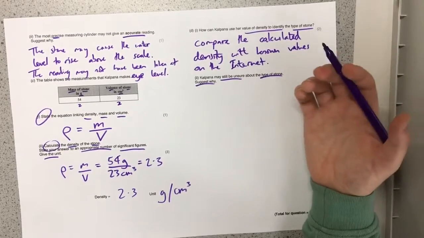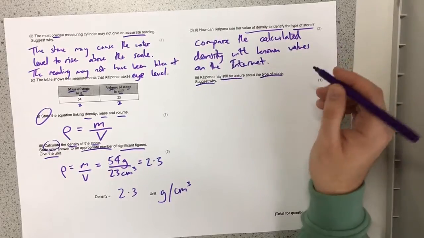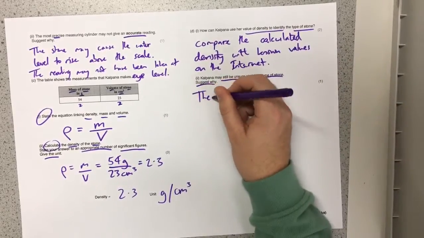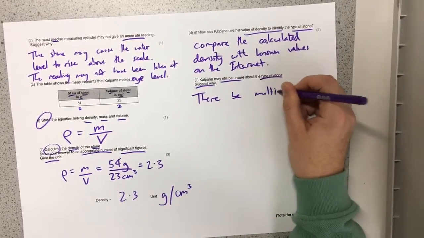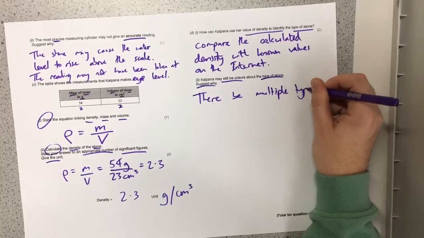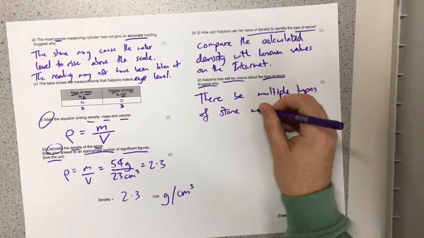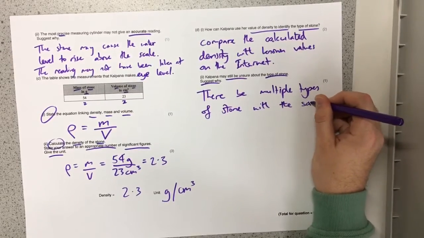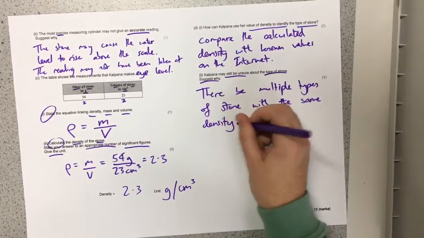You'd have to look at the stone and look at any sort of visual details that might help you in order to determine exactly what type of stone it was. So there may be multiple types of stone with the same density.